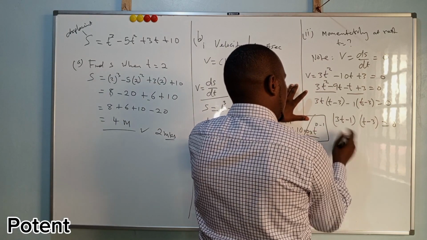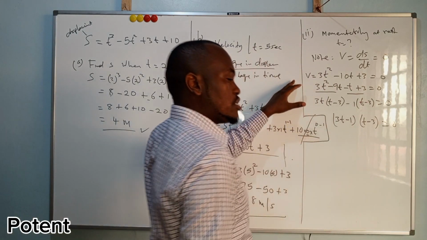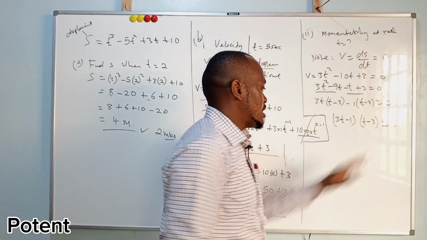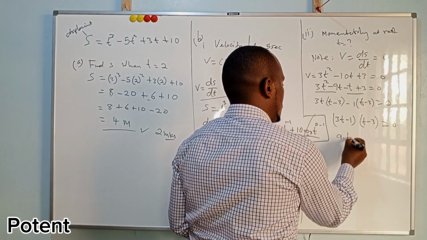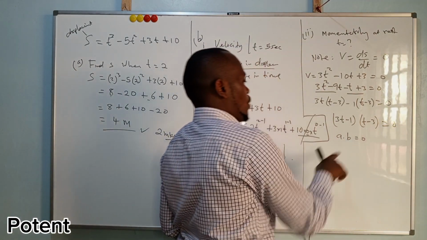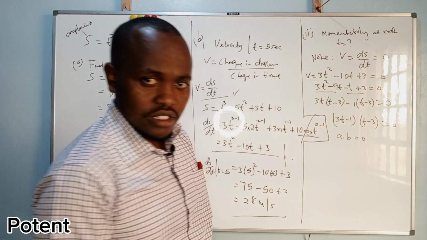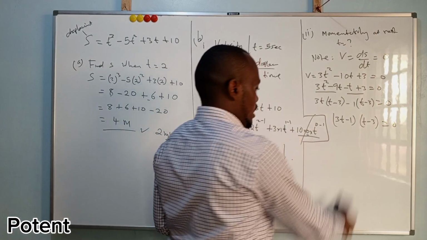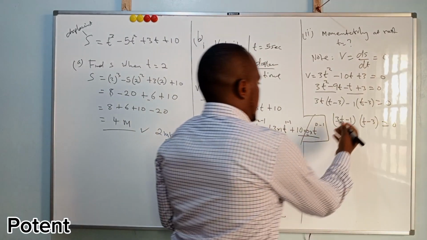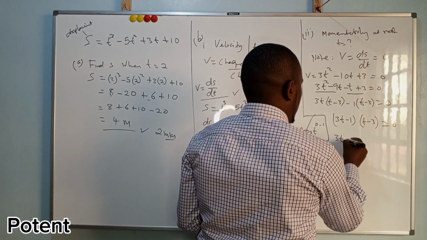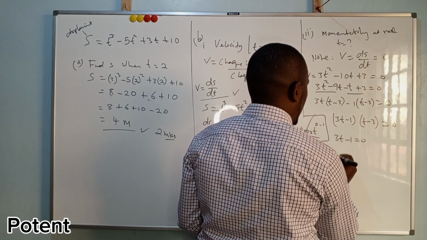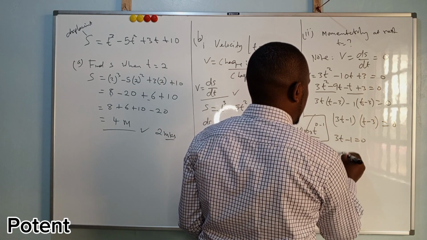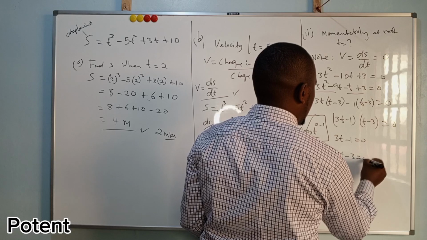Now, we know that if you multiply 2 values and you get 0, maybe a times b equals 0, then one of the values must be 0, so that when you multiply them, you get ultimately 0. Okay? Alright, so you have 3t minus 1 equals 0, or t minus 3 equals 0.